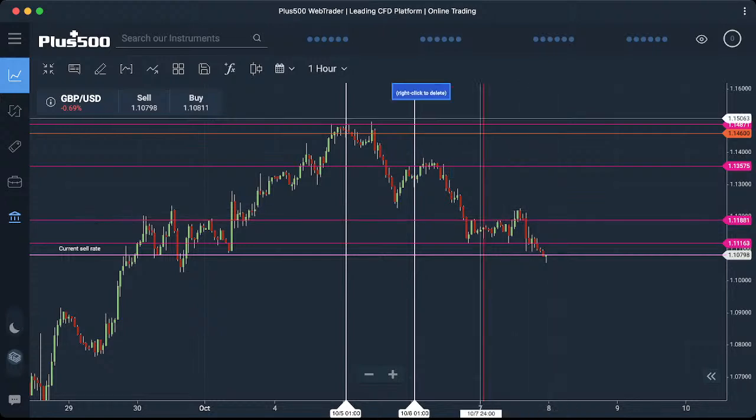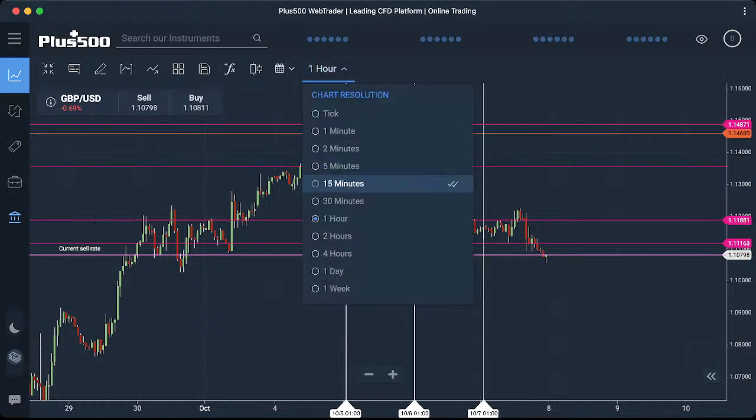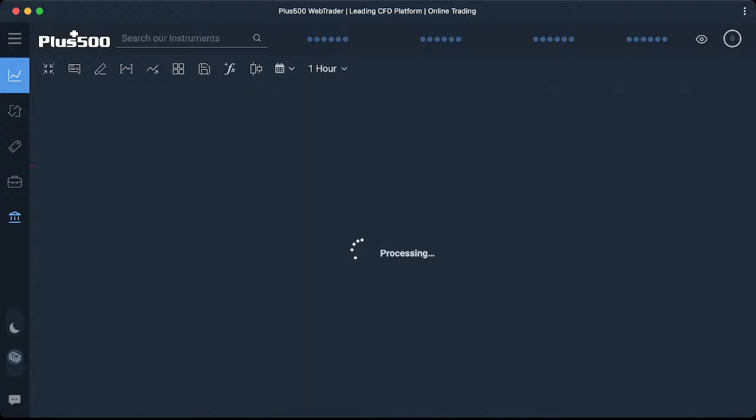So if I move to the 15-minute chart, or actually the 5-minute chart, because I'm usually using the 5-minute chart for the trade entry.